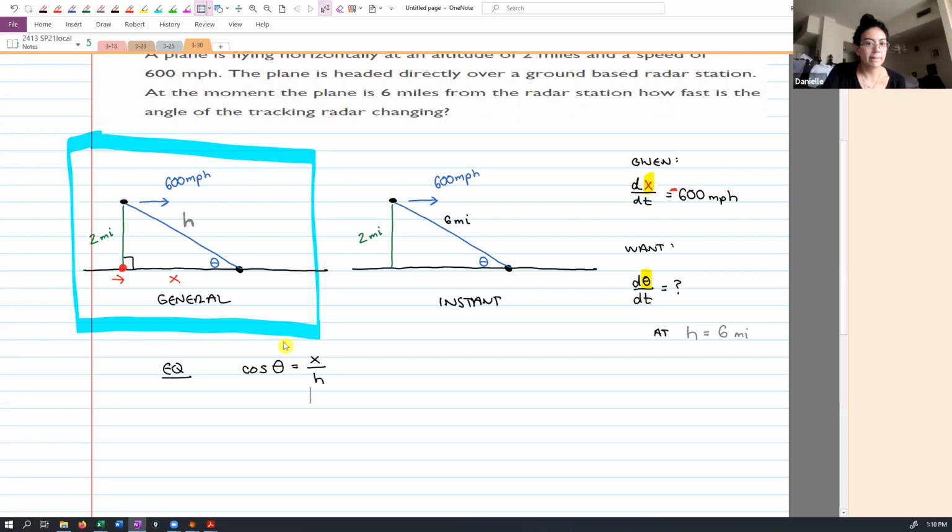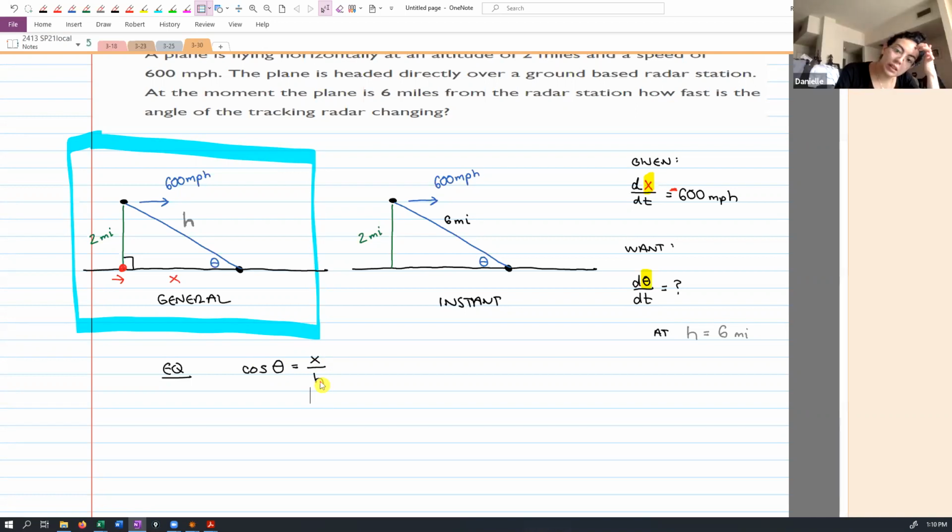So if we have 3 variables in the problem, theta, x, and h, when we differentiate with respect to time, we will get a d theta dt to come out somewhere in our derivative. A dx dt is going to come out, right? And a dh dt. We should expect to see all three of those. Do you all agree? Understand what I'm saying?